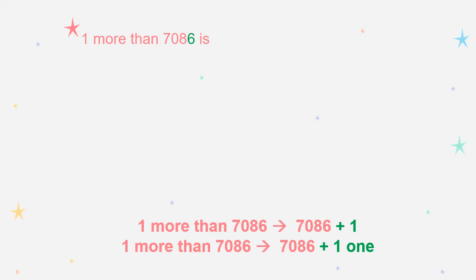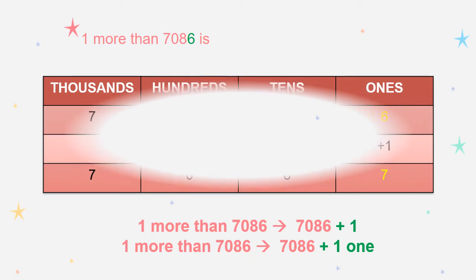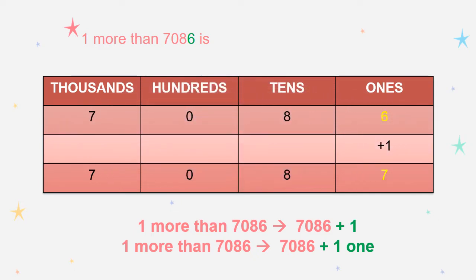We only plus 1 at the ones place. Look at the table. We have the number 7,086, right? We plus 1 at the ones place. So 6 becomes 7. So the final answer is 7,087.